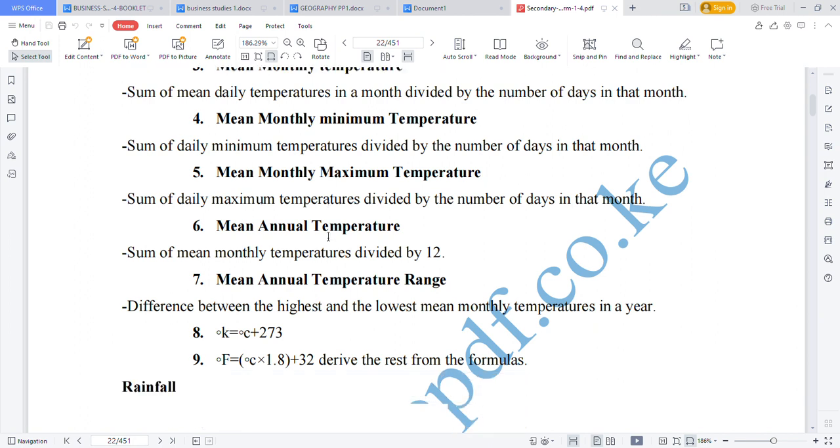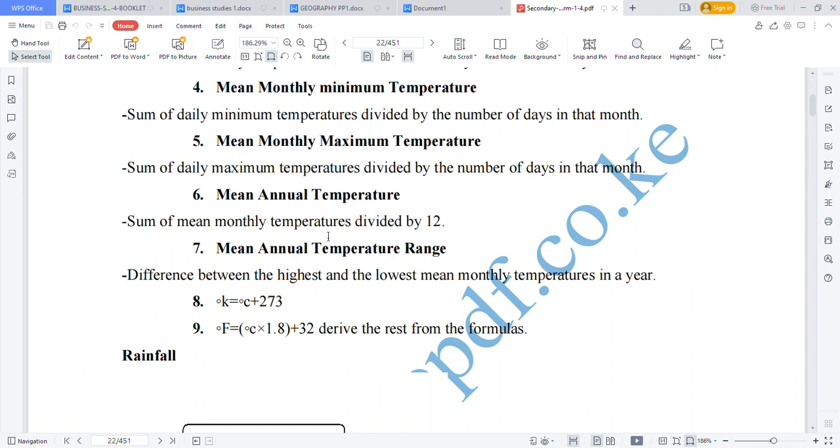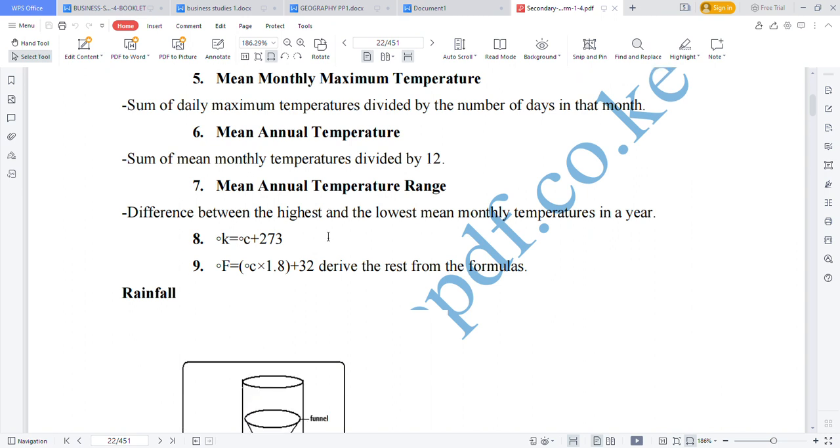Then you have mean monthly minimum temperature: the sum of the minimum temperatures divided by the number of months. Then mean monthly maximum temperature: the sum of the maximum temperatures divided by the number of months. Then you have mean annual temperature. Mean annual means yearly.